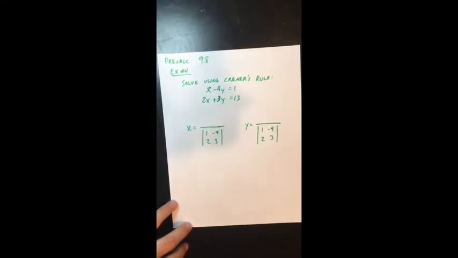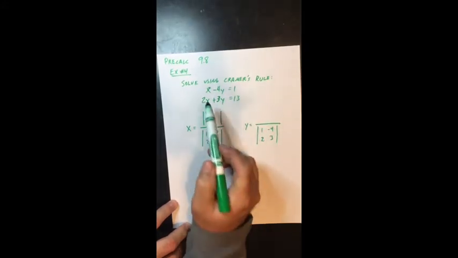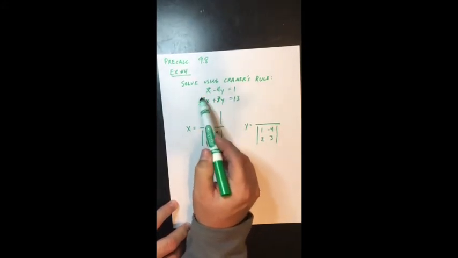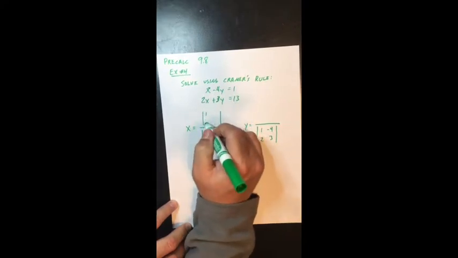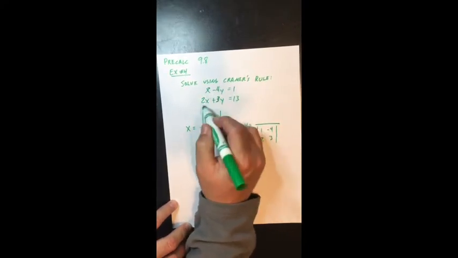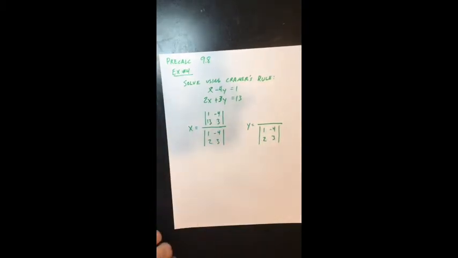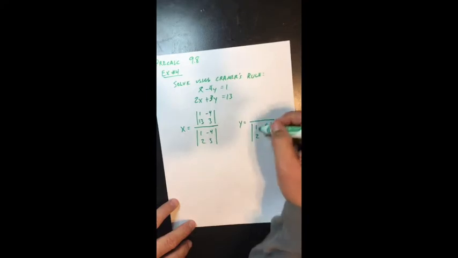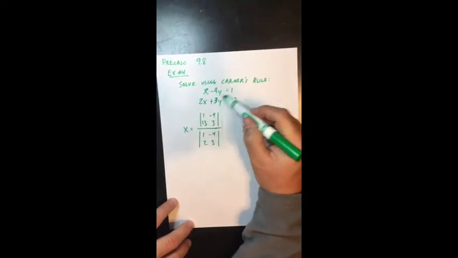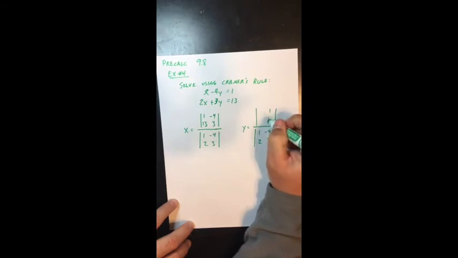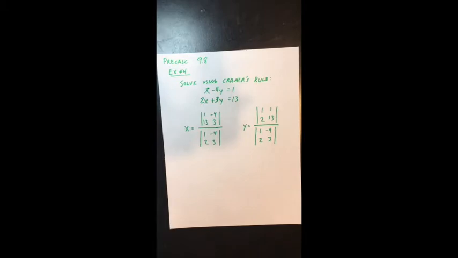In the x determinant, for the numerator, I take the x coefficients out and replace them with the constants. So this is 1, 13 for the x's, and then -4, 3 stays put for the y's. And then over here with the y numerator, we're going to take the y's out and put 1 and 13 in, and then we'll leave the 1 and the 2 for the x.